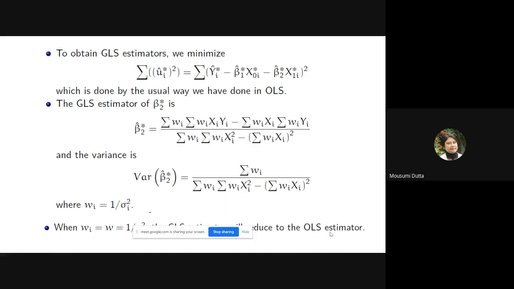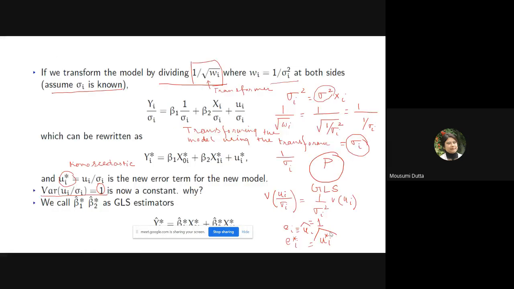I'm considering the notation UI hat star or UI star hat of UI star. And I'm taking sum of squares of that, which is equivalent to say, I'm considering the last estimated model was this one.